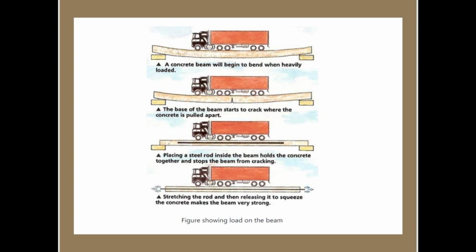When it moves on a concrete beam, what will be the condition? The member tries to deflect, it tries to sag, and we can clearly see a crack developed inside the member, and externally also we can see cracks because of the heavy vehicle.